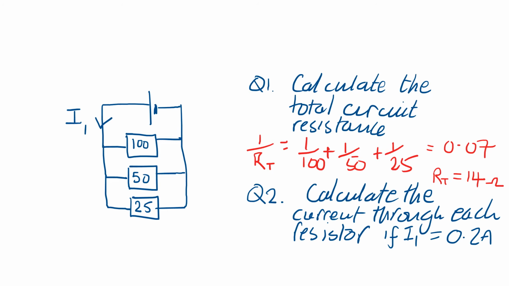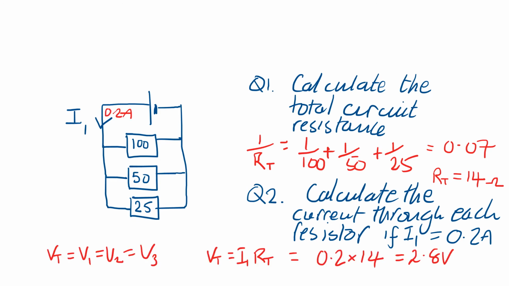So we've found an effective resistance of 14 ohms for these three resistors combined, which is less than the value of each of these resistors. We know that's going to be the case when we connect resistors in parallel.